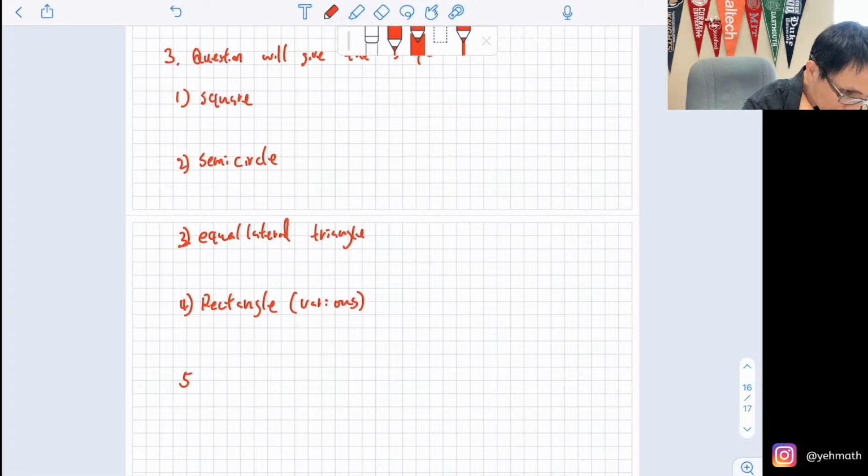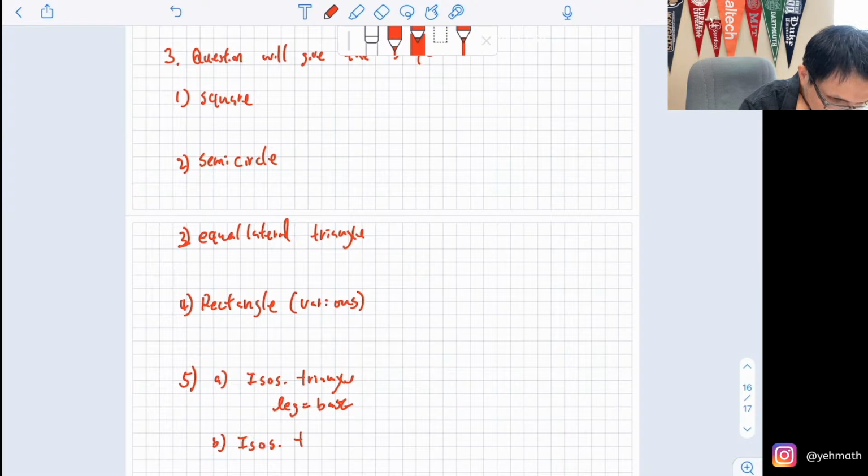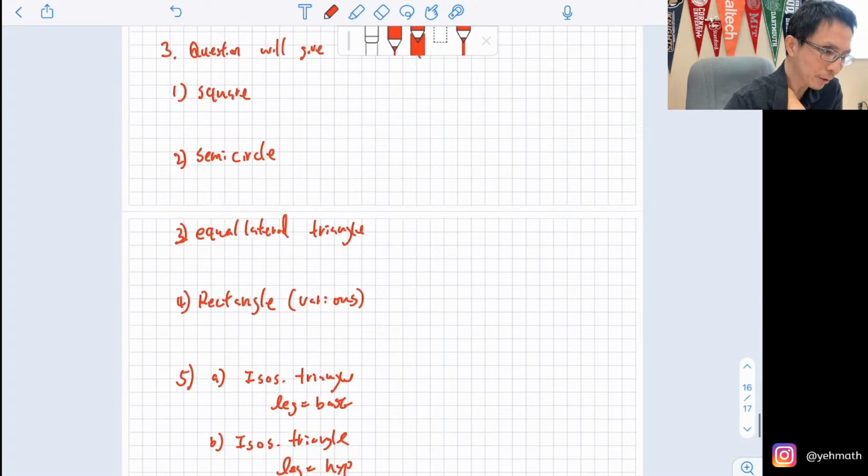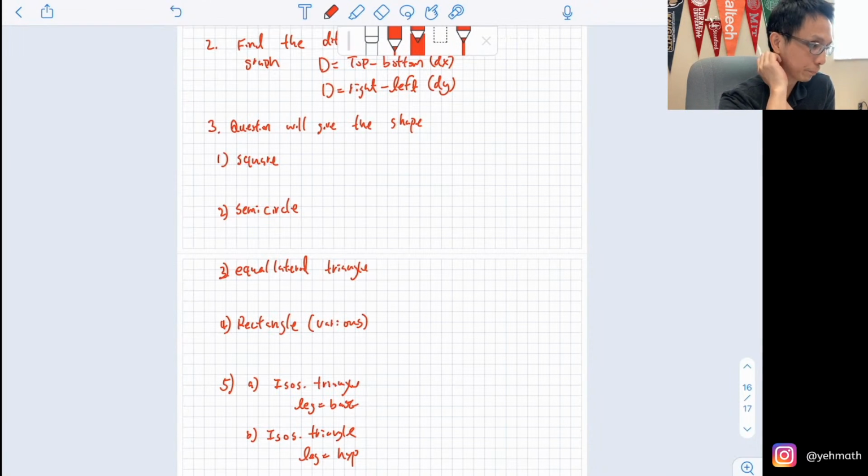The fifth one has two cases. 5A is an isosceles triangle with the leg equal to the base. 5B is an isosceles triangle with the leg equal to the hypotenuse. So those are the 5 popular shapes. And so let's start with the first popular shape.